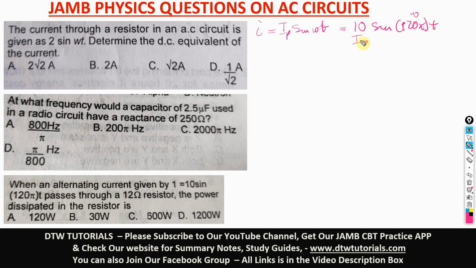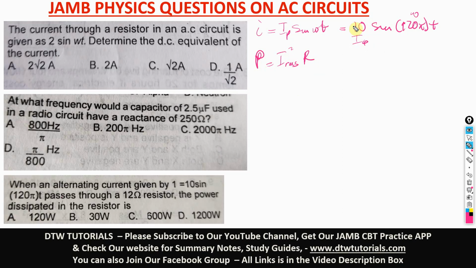IP. 10 is equal to IP. It passes through a 12 ohm resistor. The power dissipated in the resistor is, now in AC circuits, the power is equal to I root mean square squared times R, I root mean square squared times what? Your resistance. That's the formula for power.